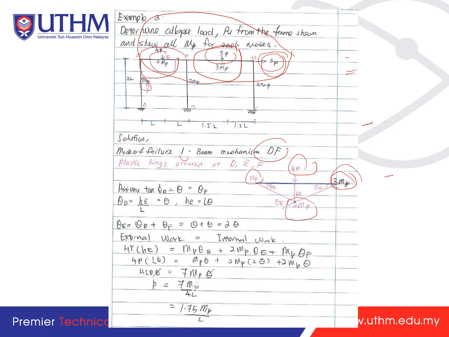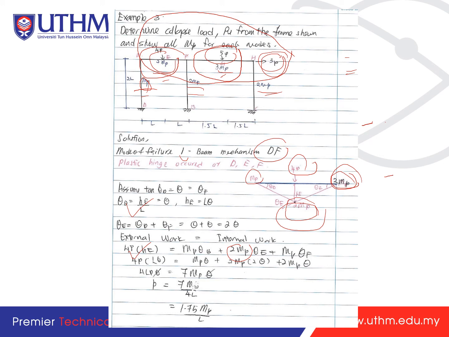When you solve it, you solve the theta and then you put in the external work. For the internal work you need to be careful when putting in 2 theta with 2 MP. When the beam has 2 MP, 3 MP, 2 MP and MP, different values, you need to be careful with it, don't make a mistake here.